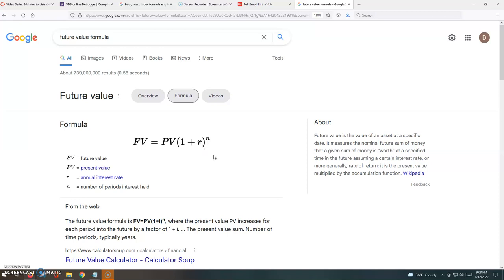The stock market, they say, typically yields 10% gains over time, as long as you're willing to let it sit there for a long time. So that's the rate of return, 10%, for example, in the stock market. And then N is the number of years that money is going to be sitting there. So a fairly simple formula.